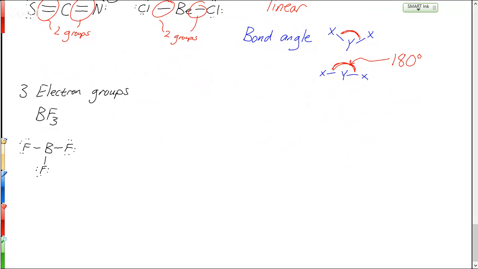So the way I've got it drawn here, we've got 180 degrees here, and then two 90 degrees here. That's not ideal, because those 90 degrees are going to be closer. So we can get a better overall repulsion here if we space those fluorines out evenly from each other.